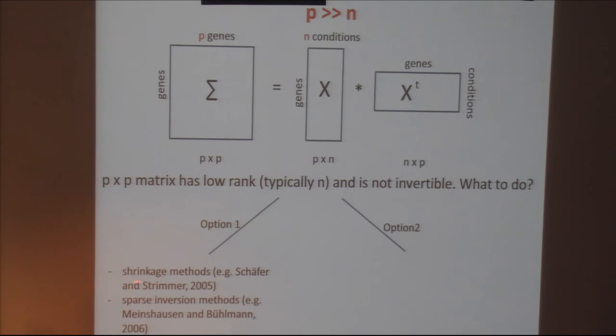The set of shrinkage methods works quite well, and there is a group of methods which use the well-founded assumption that we don't want so many edges in our network. So what we want is a sparse network, meaning we want many zeros in the inverse of the variance-covariance matrix. So they compute the inverse of the variance-covariance matrix in a way such that there will be many zeros there. So those are the sparse inversion methods.